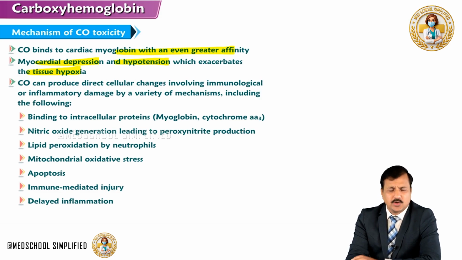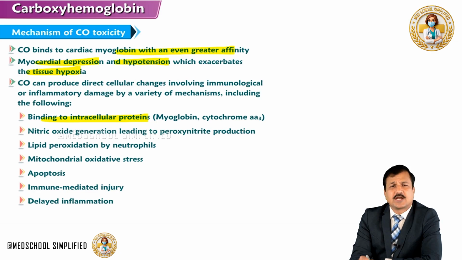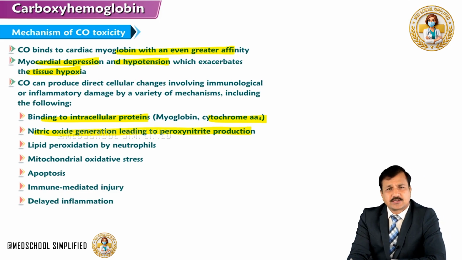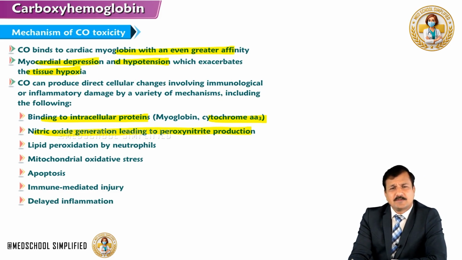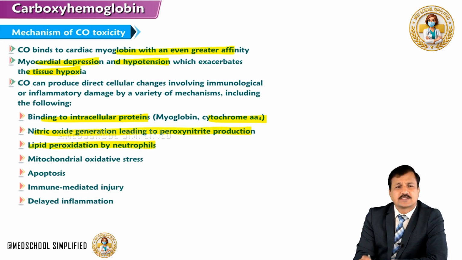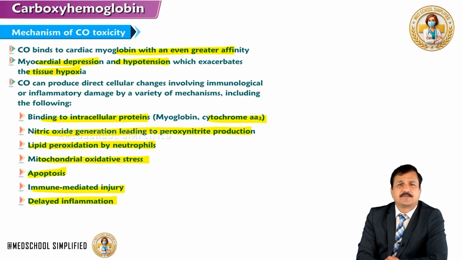These may include binding to intracellular proteins like myoglobin and cytochrome A3, the fourth complex in the electron transport chain, or nitric oxide generation leading to peroxynitrite production. Carbon monoxide poisoning may lead to lipid peroxidation by neutrophils. It may lead to mitochondrial oxidative damage, apoptosis, immune-mediated injury, and delayed inflammation.